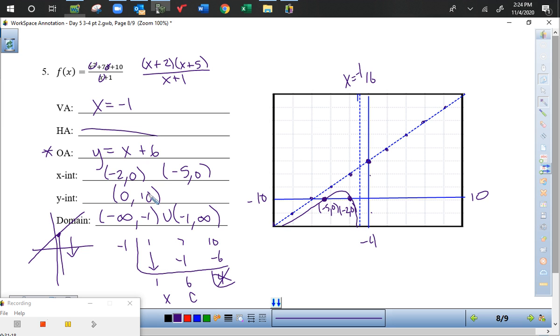And then our last one is 0, 10. And we lucked out on this one because we had all of our points in different places so that we could actually do both curves without picking our own. So that's kind of nice.